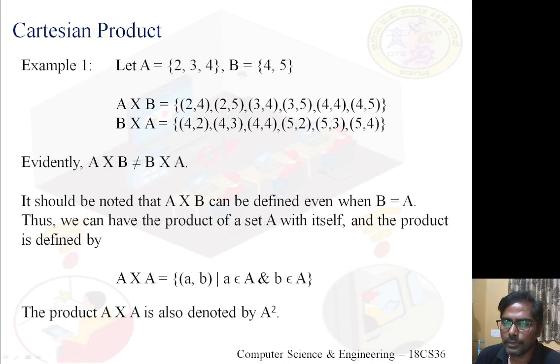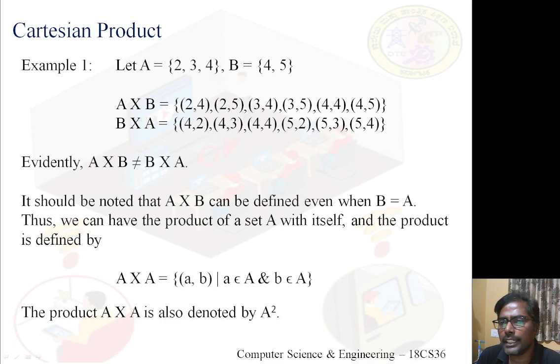So now let me look at an example. As you can see on the slide, in the first example, I have taken two sets. The first set is labeled A and consists of three elements 2, 3, 4.